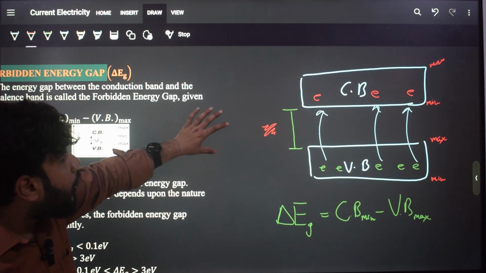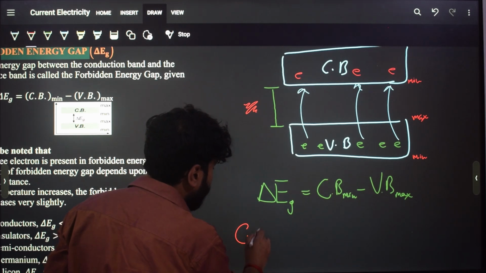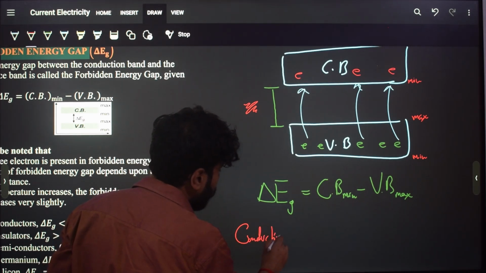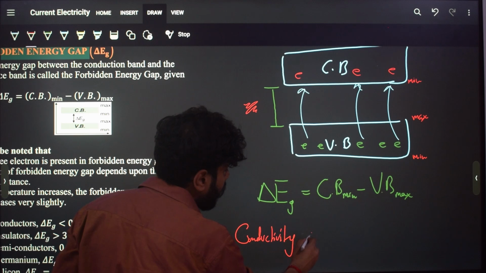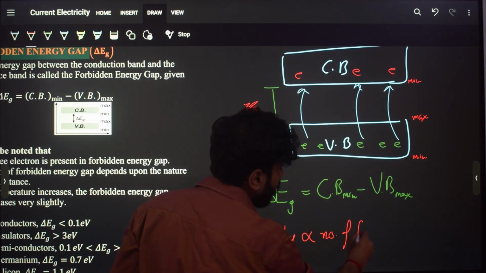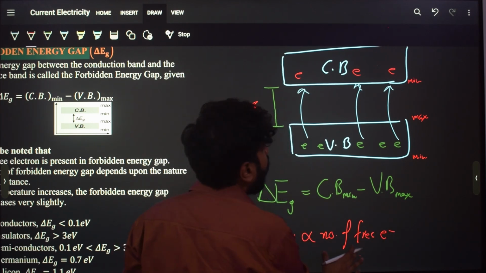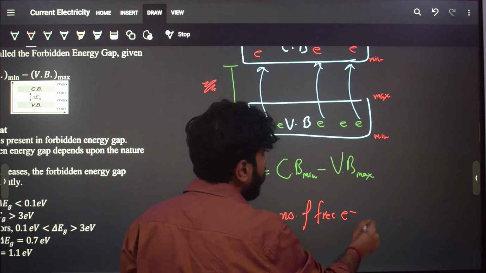So that means if you want to talk about the conductivity of any material, it directly depends on what? The number of free electrons. And the number of free electrons depends on how easily you can get free electrons in the conduction band.